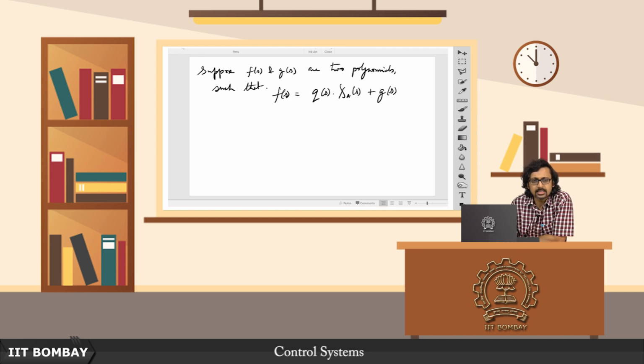So notice that this is just a product where this is a quotient, this is a remainder, and this is the divisor, not the dividend, we call it the divisor. The dividend is actually F.